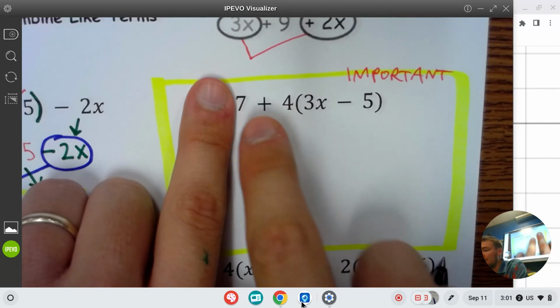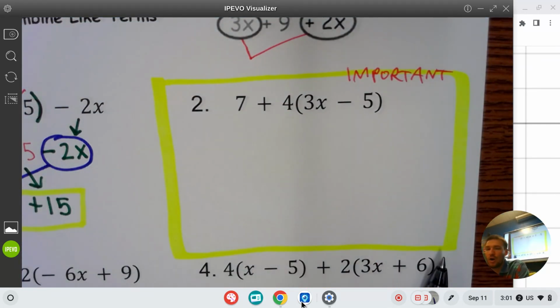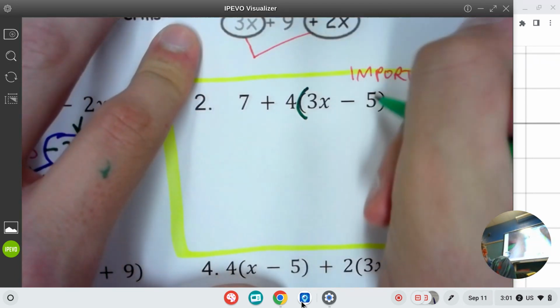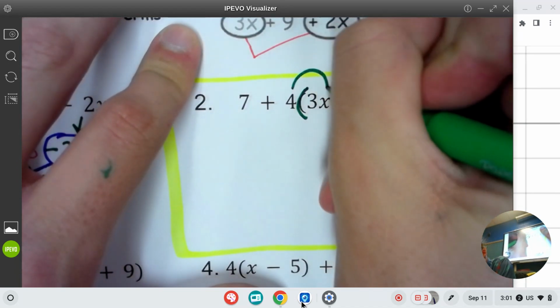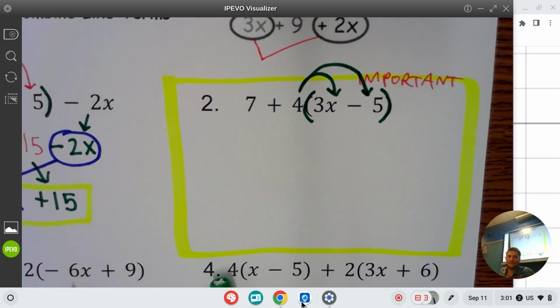So do not combine these together or you will be wrong from the very first step. What do we need to do first? There's only one thing. Distribute first. That is always the answer for the whole day.